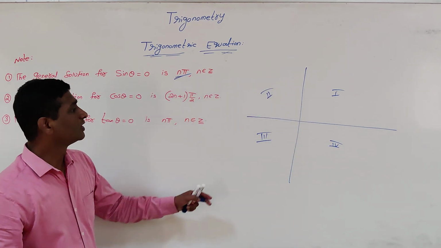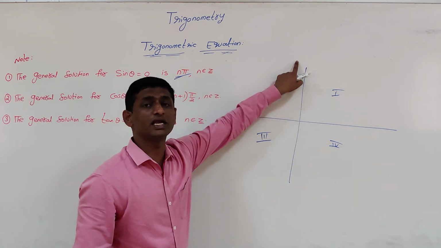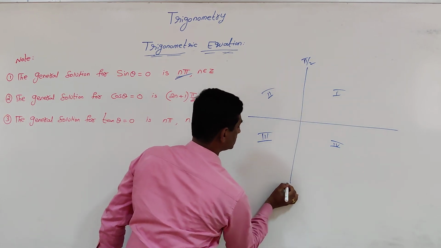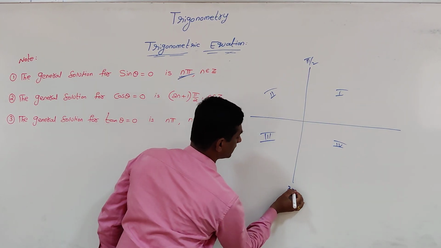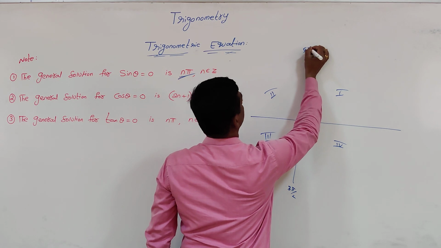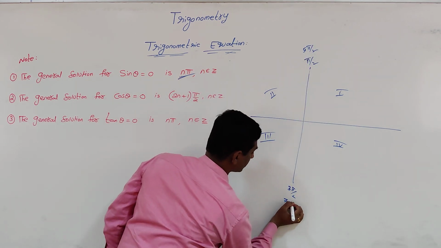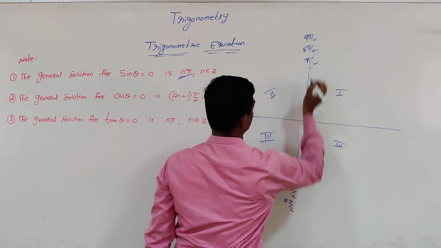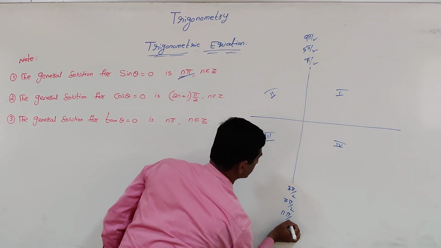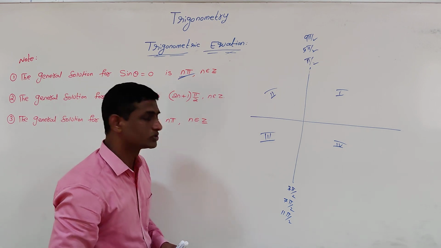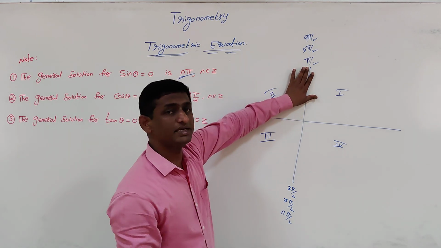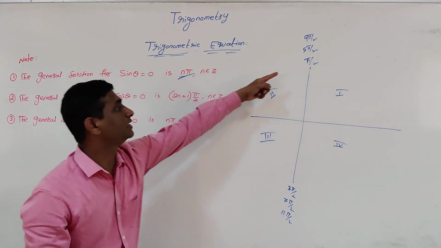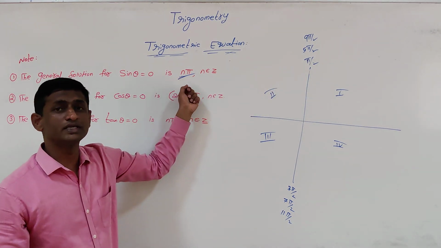If the angle is 90 degrees, pi by 2, then this will be 3 pi by 2, 5 pi by 2, 7 pi by 2, 9 pi by 2, and so on, 11 pi by 2, and so on. Cos 90 is 0, so if theta is 90 degrees, cos 90 is 0.